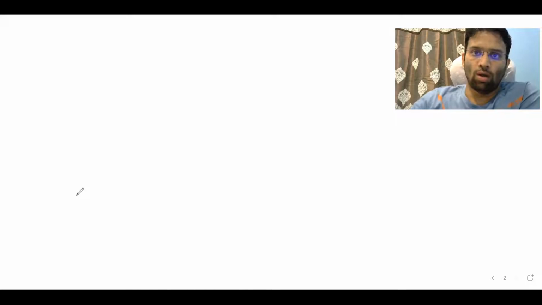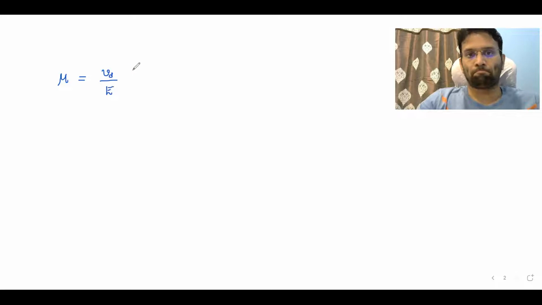If you can recall from the current electricity chapter, the mobility mu is defined to be the drift velocity upon the electric field that we apply. So drift velocity is given by mobility times the electric field.